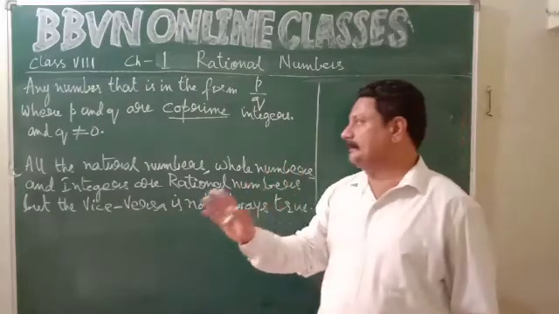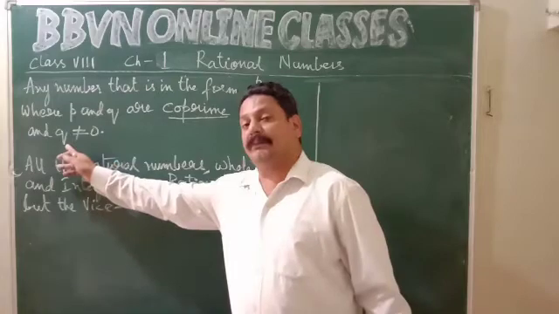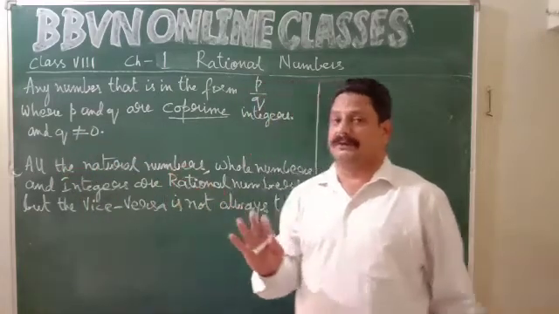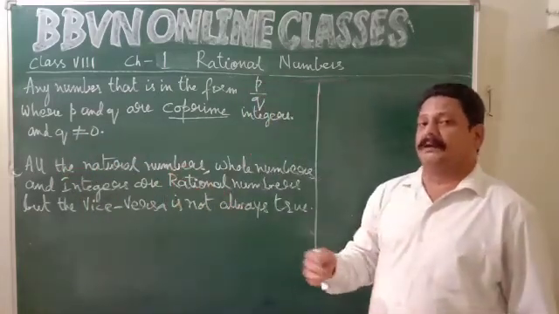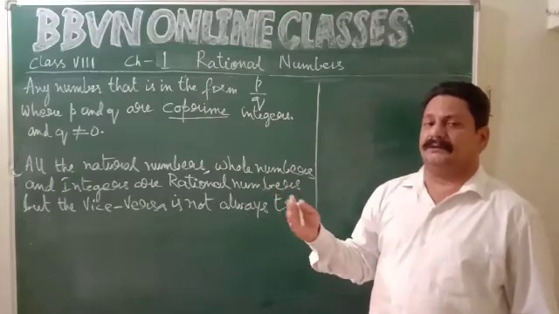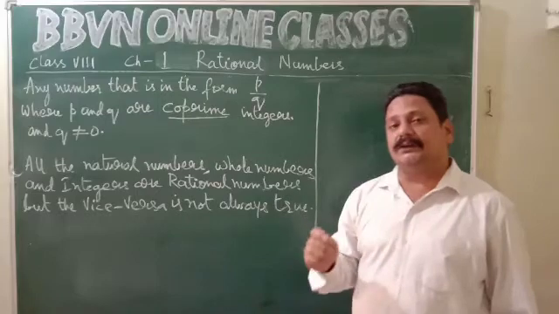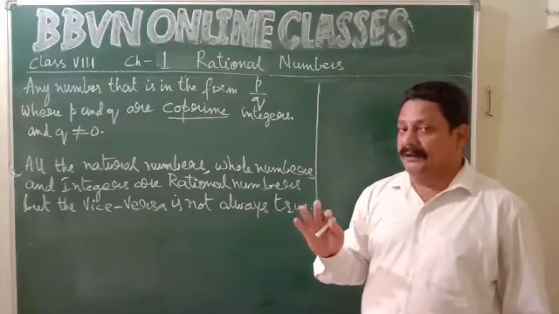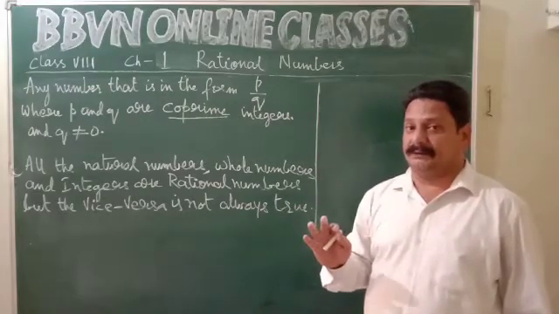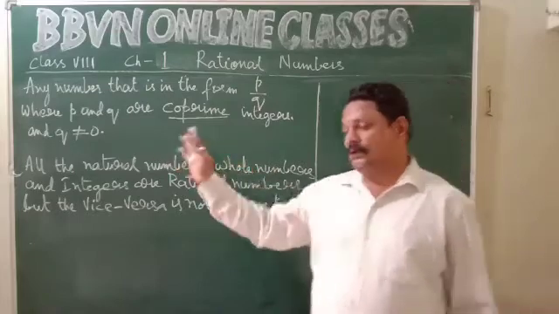And Q, the denominator, should never be equal to 0. This is how you can make infinite rational numbers. You have infinite integers, uncountable integers. Using those integers, you can make infinite rational numbers, right? And Q should not be equal to 0.